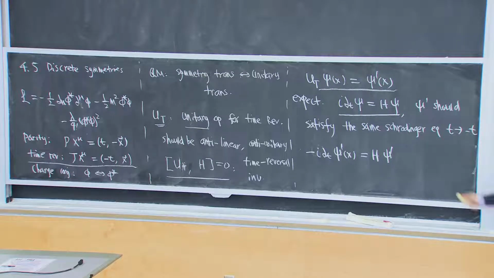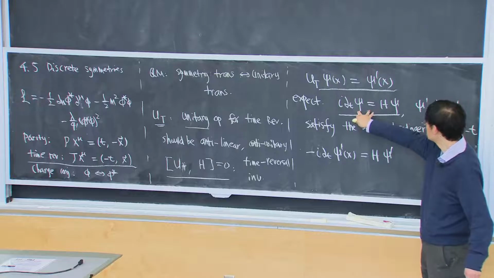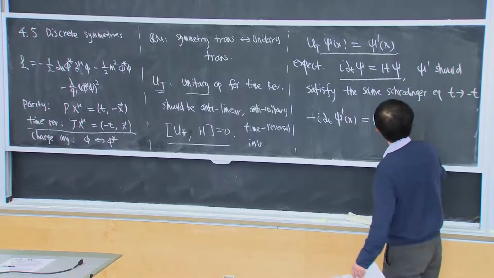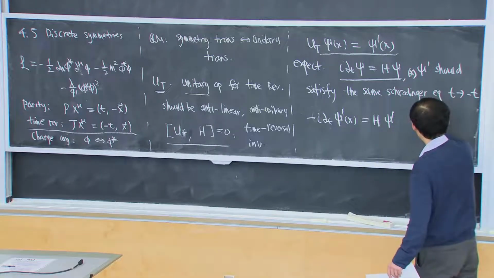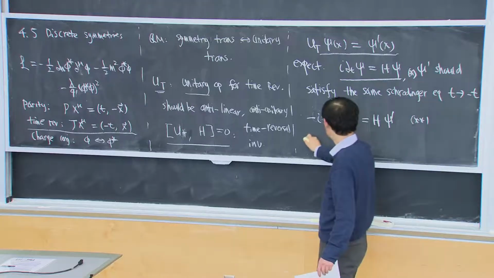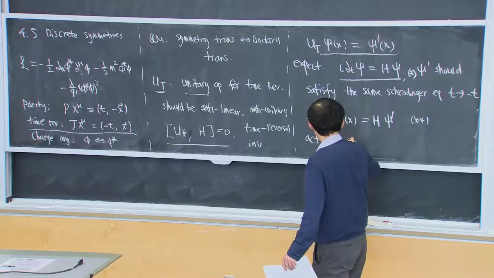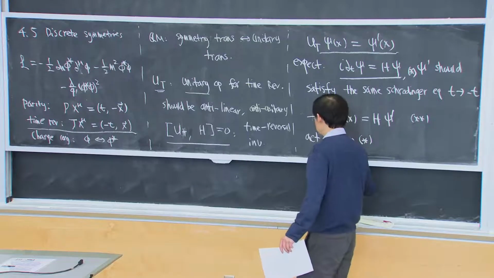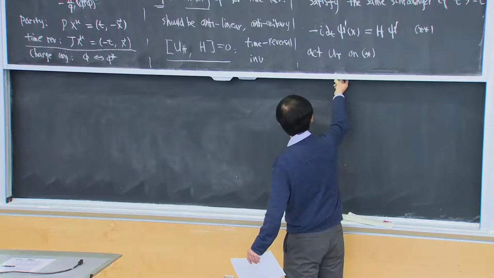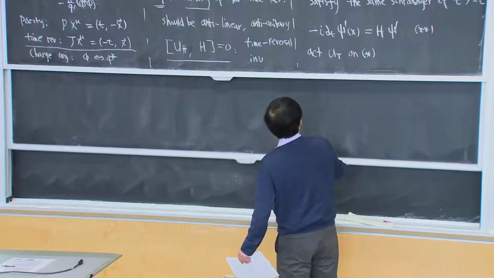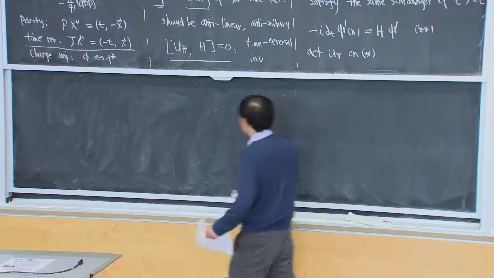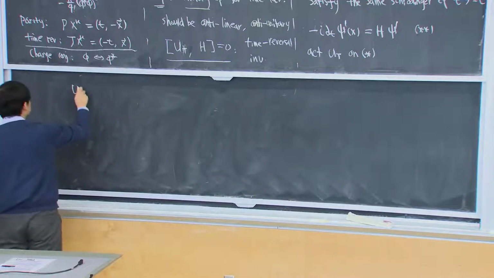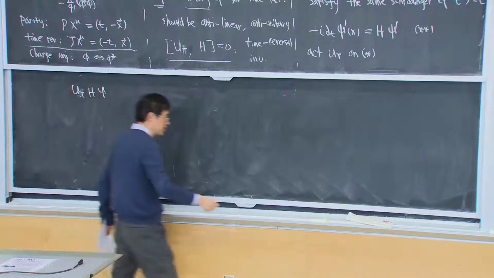This is simple. Let's just act with U_T on the left of this equation. Let me call this equation star. If I act with U_T on star, then on the right-hand side, since U_T commutes with H, we directly get U_T H psi, and we can just commute them.